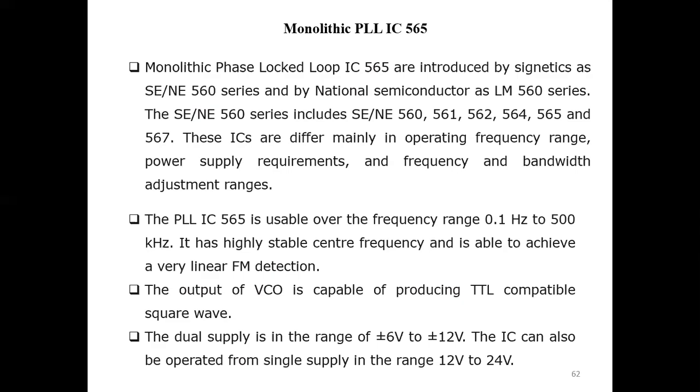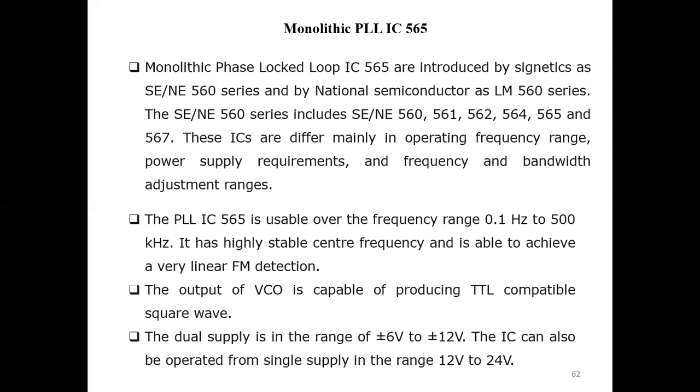The monolithic PLL IC 565 was introduced by Signetics as the 560 series by National Semiconductor. These ICs differ mainly in operating frequency range, power supply requirements, and frequency and bandwidth adjustment ranges. The PLL IC 565 is usable over the frequency range 0.1 Hz to 500 kHz.